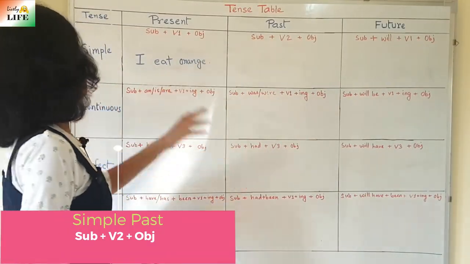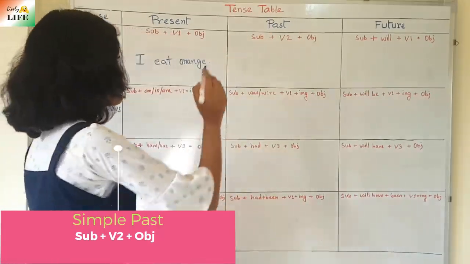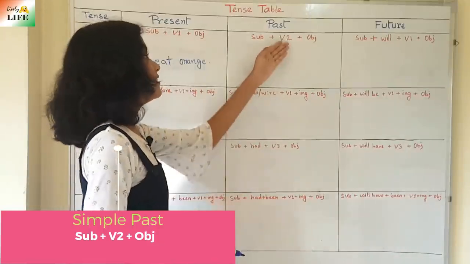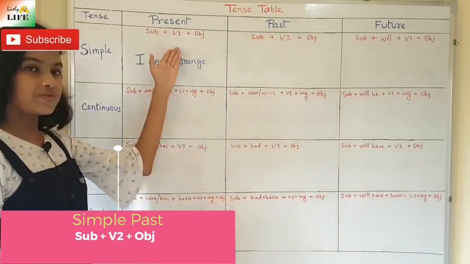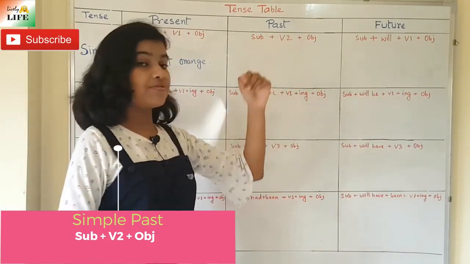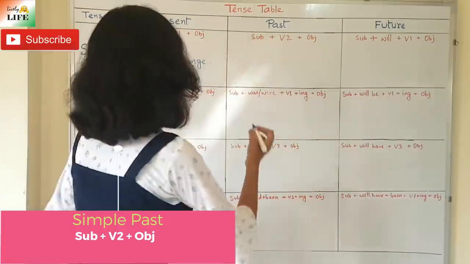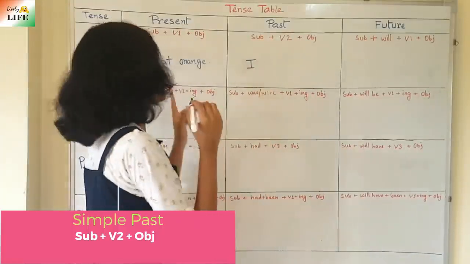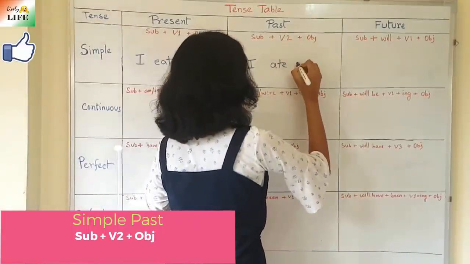Now the next one is simple past tense. So what is the construction? Subject, then second form of verb, and then object. Over here it was first form of verb, it only changed to second form of verb. So second form of verb of eat is ate. So subject I, then second form of verb ate, and then object orange.